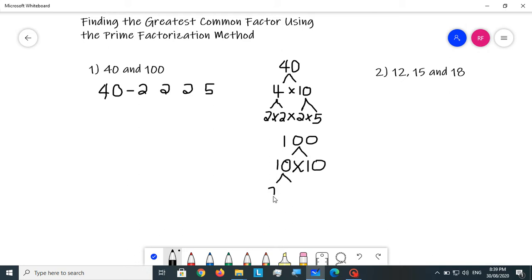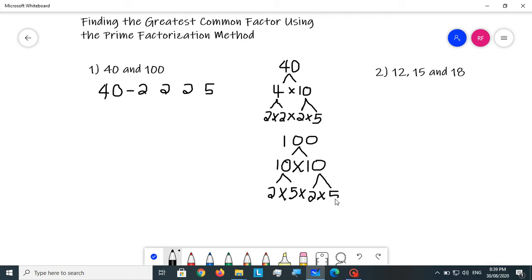We have 2 times 5, and the other 10 would be 2 times 5 as well.